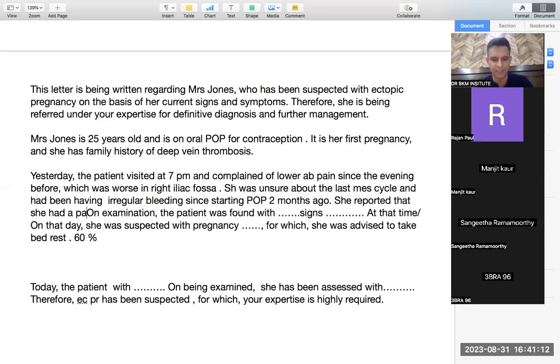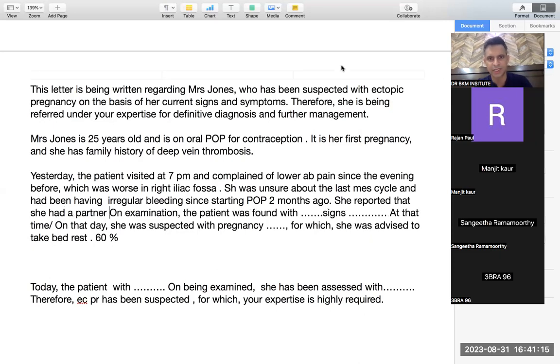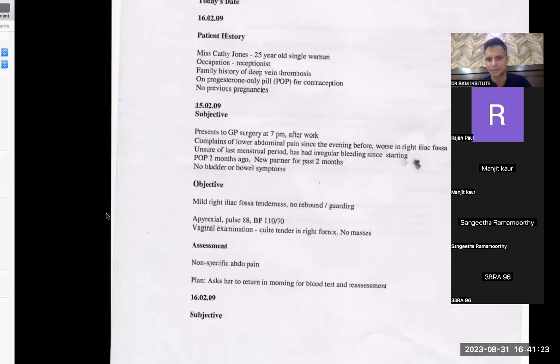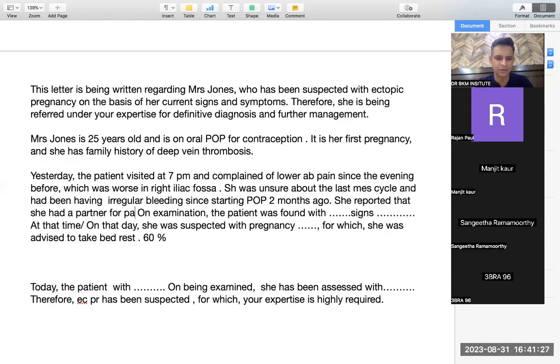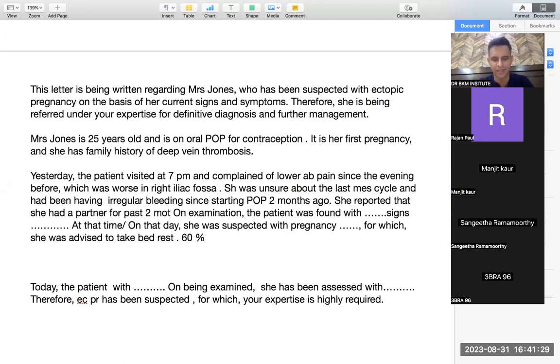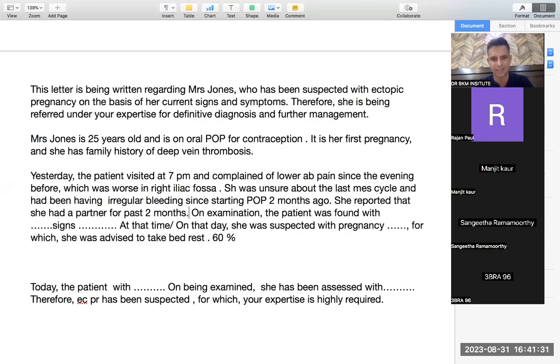Again, everything in the past. She had a partner for the past 2 months. I will also unmute you and ask you for your doubts. It's just a matter of maximum 5 minutes now. Exactly the same words. No shuffling, nothing. This is why OET, again, I say that's it.